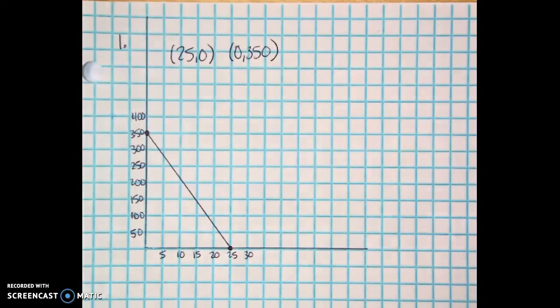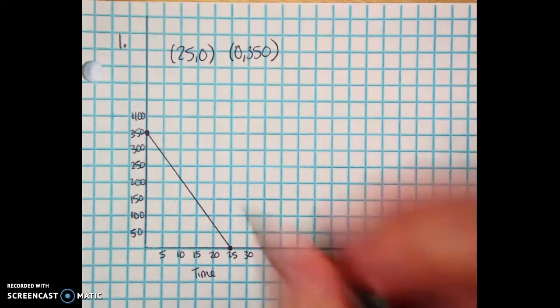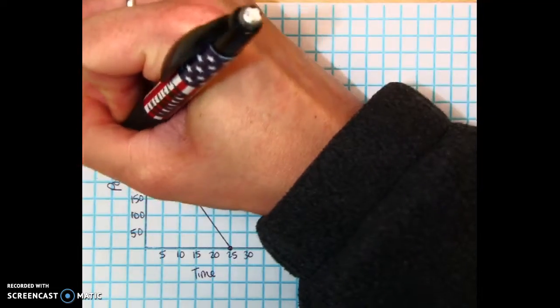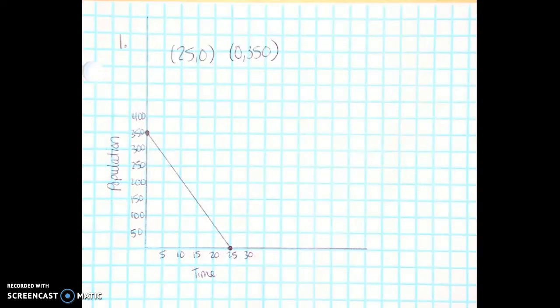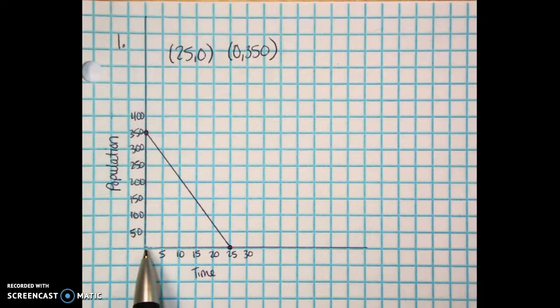And so the question was, find how many years it will take for the population to reach 0. So this was the time. I probably should have written that before. And this was the population. So population reaches 0 when it reaches this line, and it reaches this line at 25.